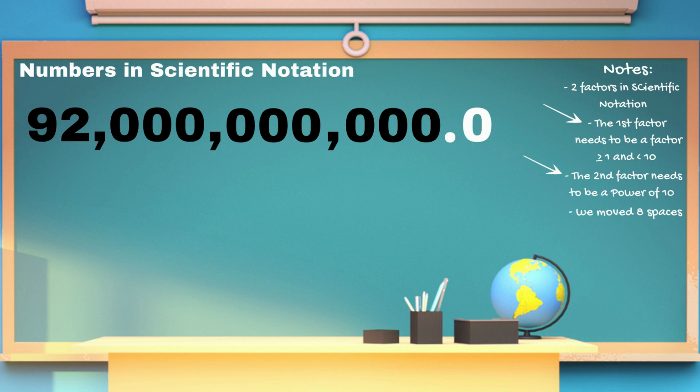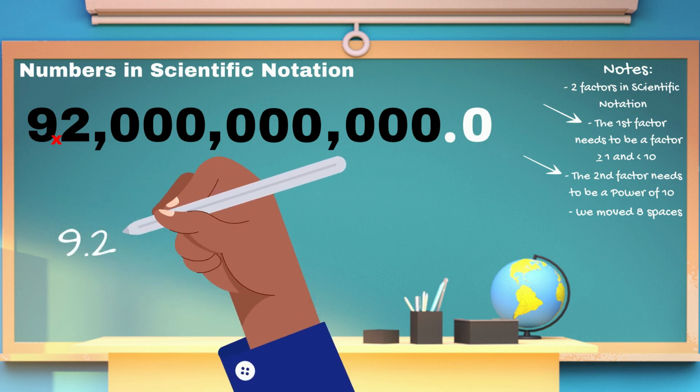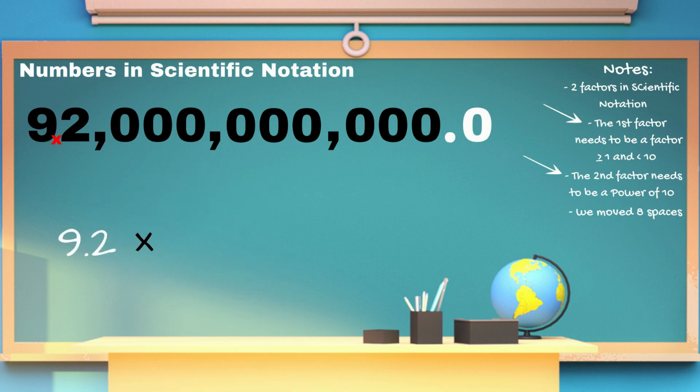Well, between the 9 and the 2. 9.2 is definitely a number between 1 and 10. So let's take this decimal at the end of the number and move it until we get between 9 and 2. 1, 2, 3, 4, 5, 6, 7, 8, 9, 10.